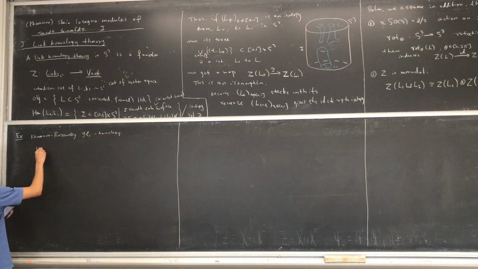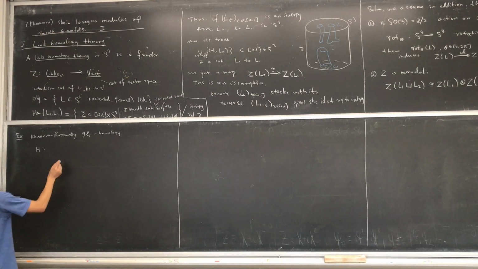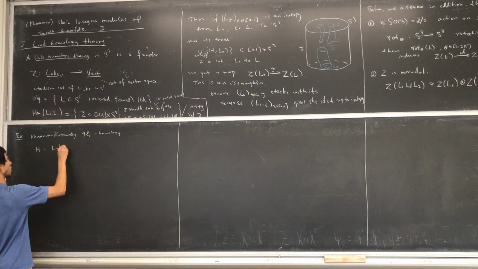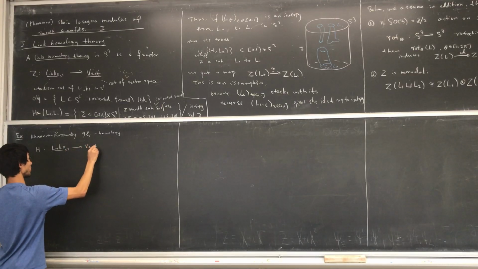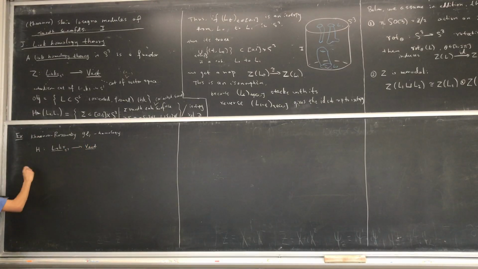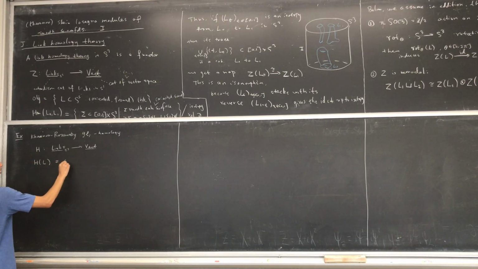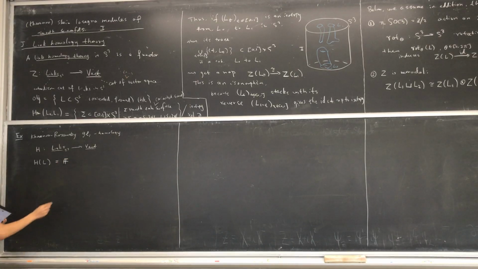This is a functor I'm just going to denote by H from the cobordism category of links to the category of vector spaces. It sends any link to the one-dimensional vector space F, your base field.